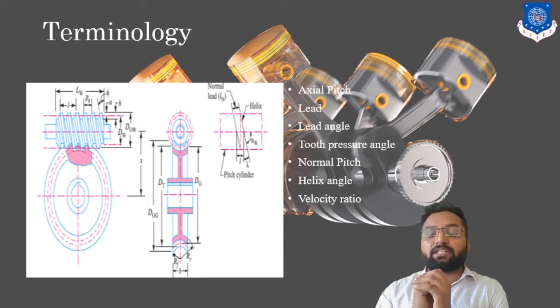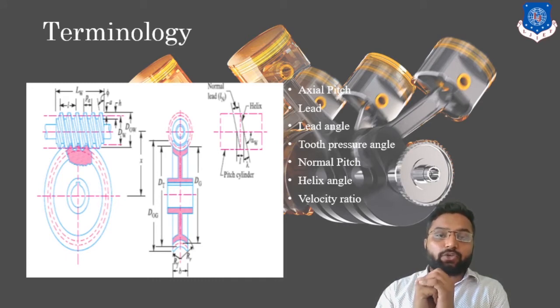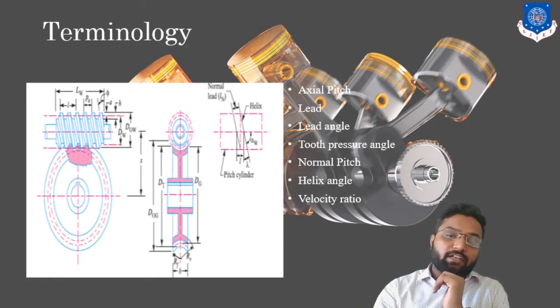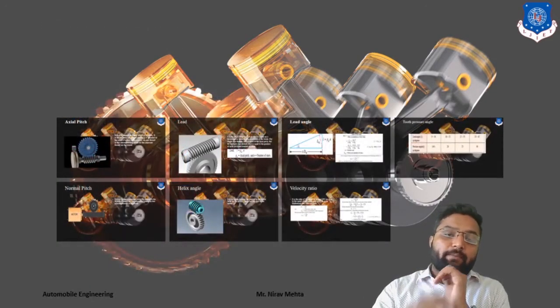Because as we have discussed earlier, velocity ratio is going to be a vital design part, because our worm and worm wheel are meant to transmit a higher velocity ratio, and this higher velocity ratio is going to directly affect the power of our worm and worm wheel. I hope you understand this terminology. Let's discuss further into this terminology step by step.